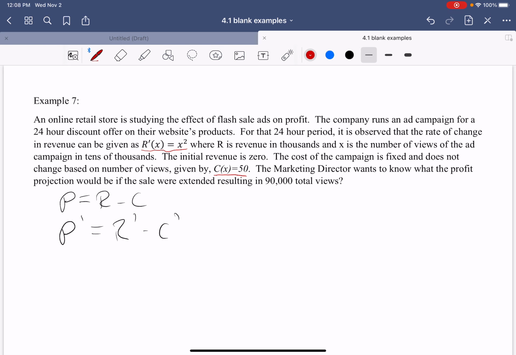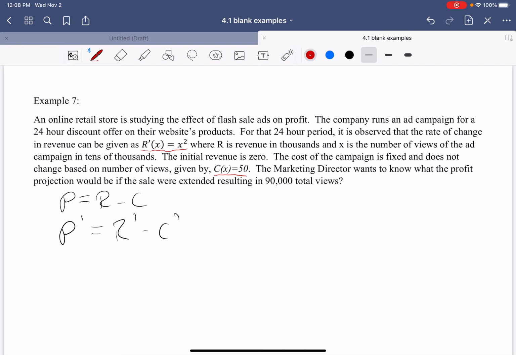And our units are in thousands, so that would be 50,000 once we're all said and done. Now, we want to know the profit projection if the sale were extended, resulting in 90,000 views.